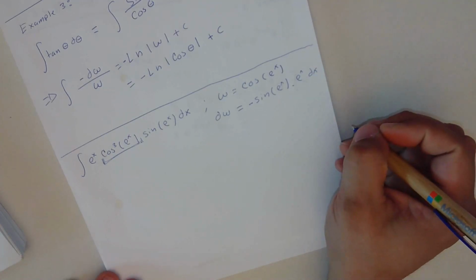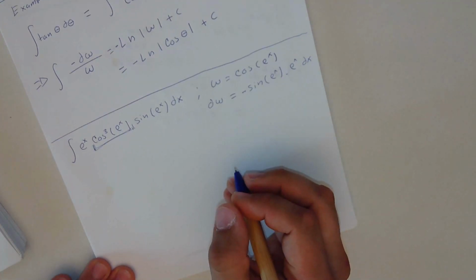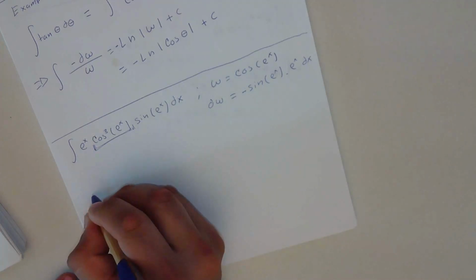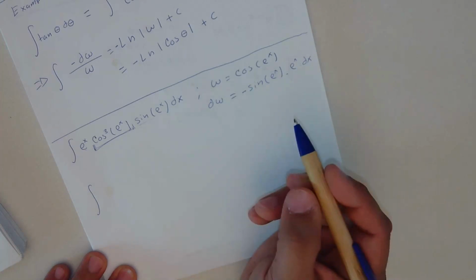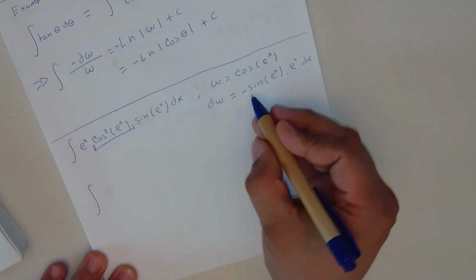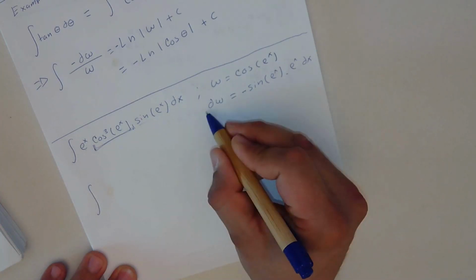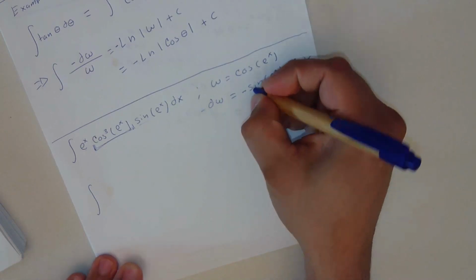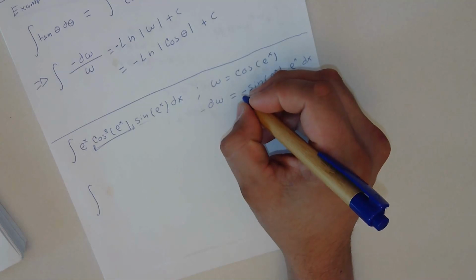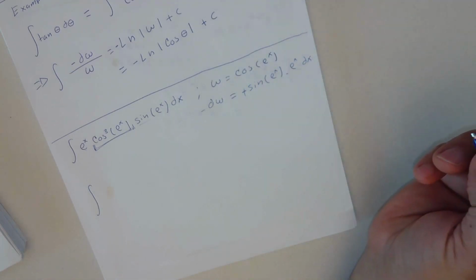And we have all these elements here, so we will have this one and this one. Everything is there except for this minus, so we can move this minus outside, and that will be a positive.